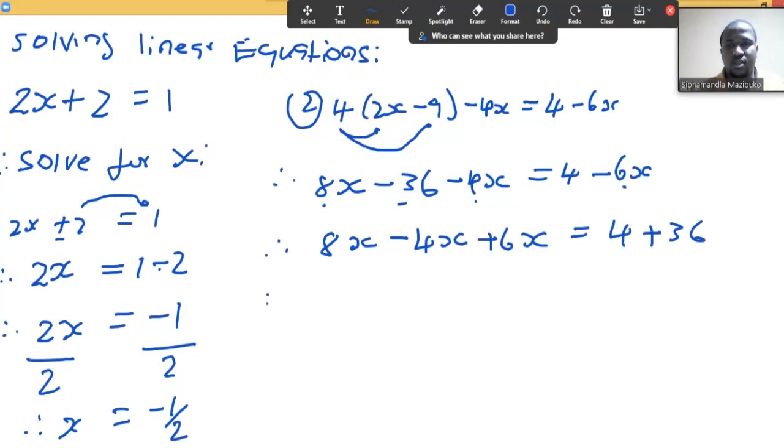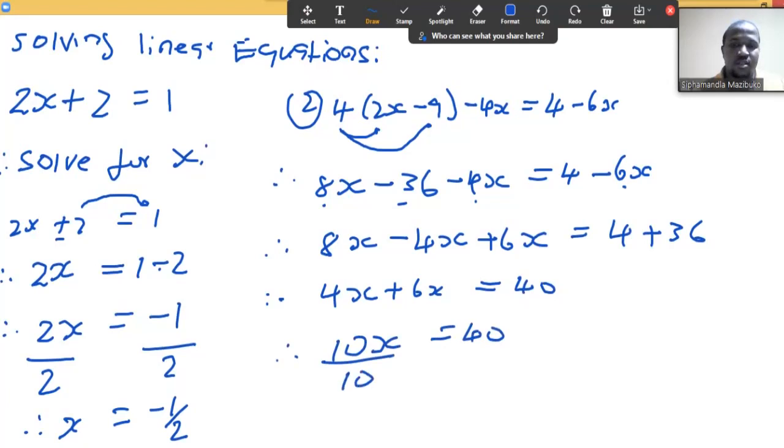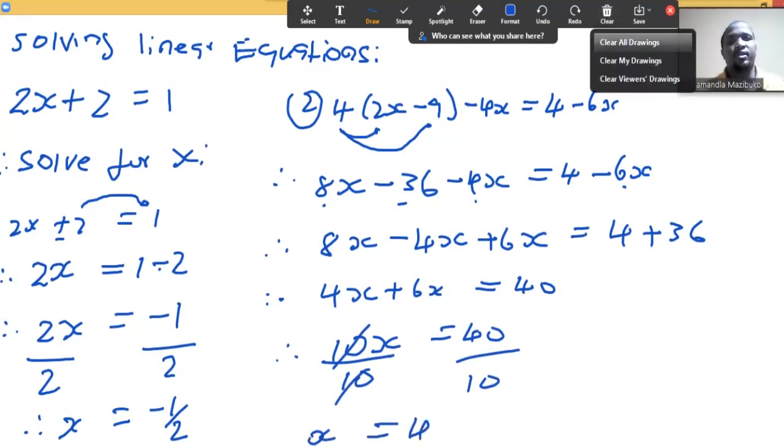Therefore we have 4x, because 8x minus 4x is 4x, plus 6x, and on the other side we have 4 plus 36, that gives you 40. Therefore you have 10x is equal to 40. You can divide by 10, so you have x is equal to 4. So that was our second example.